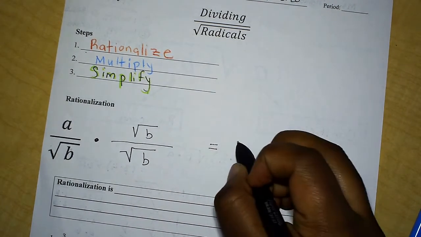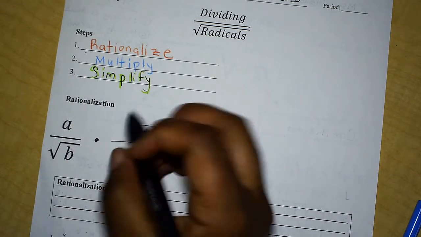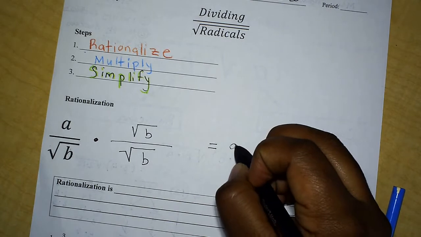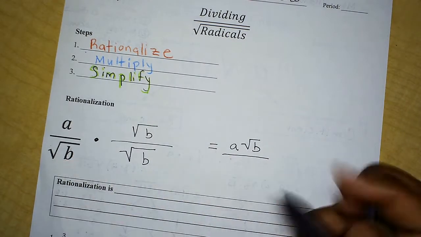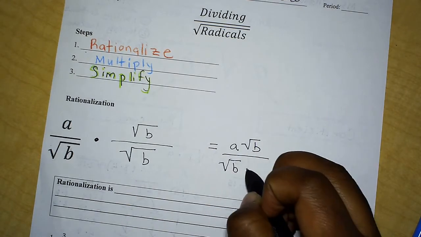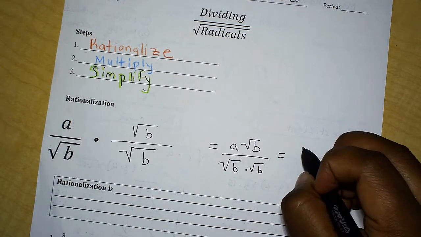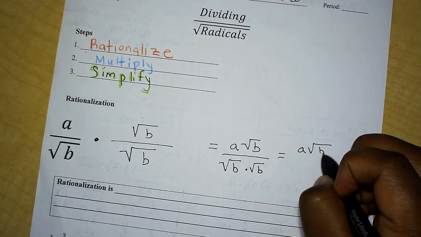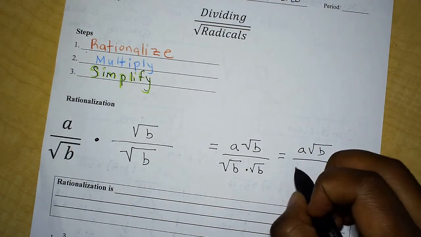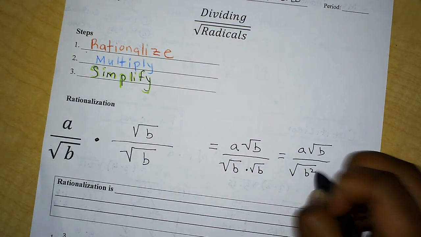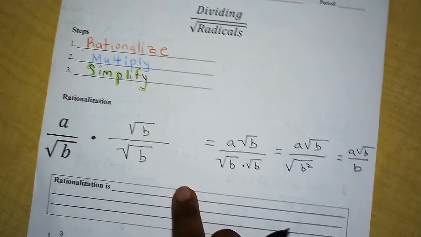So I'm going to multiply a times the square root of b. I multiply my coefficient. This is a coefficient here, and there's an invisible 1 coefficient here. So this will be a times the square root of b over the square root of b times the square root of b. Now, if I were to work this out, this will simplify into just b squared under the root, which will simplify to just b.